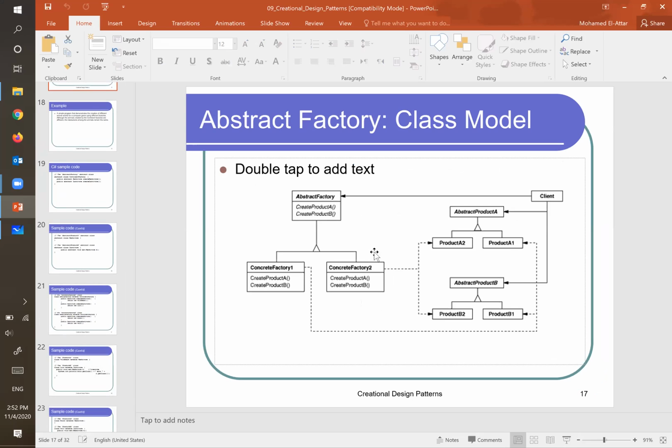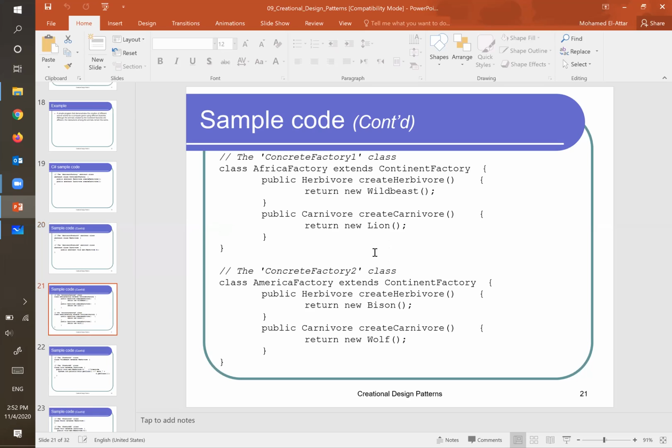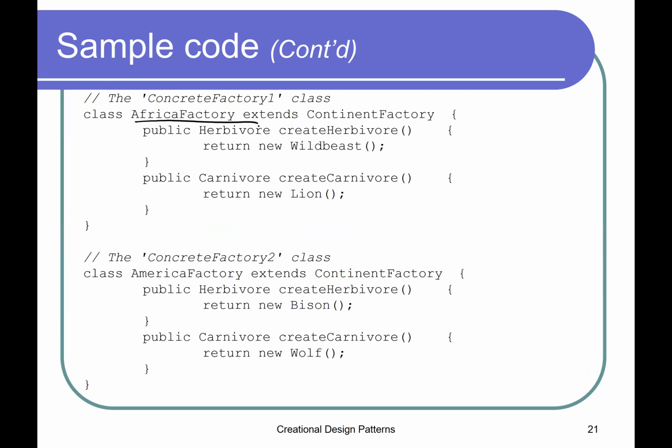So where we were here, we looked at the abstract class herbivore and abstract class carnivore. Now let's get to the details. So now we're going to create the actual concrete factory classes. One of which is the Africa factory. The other one is the America factory.